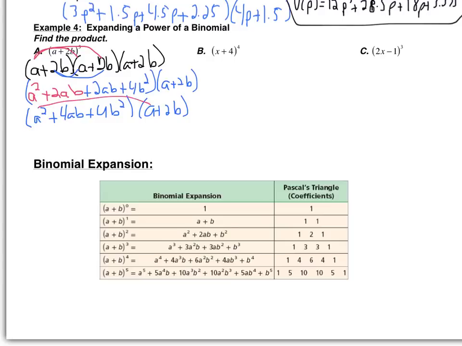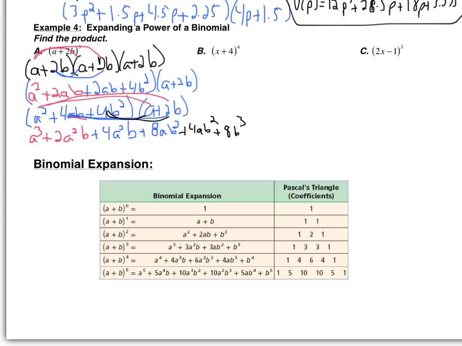And then we distribute again. So we have a squared times a is a cubed, a squared times 2b is 2a squared b, 4ab times a is 4a squared b, 4ab times 2b is 8ab squared, and then we have 4b squared times a, so we have 4ab squared, and then 4b squared times 2 is plus 8b cubed.